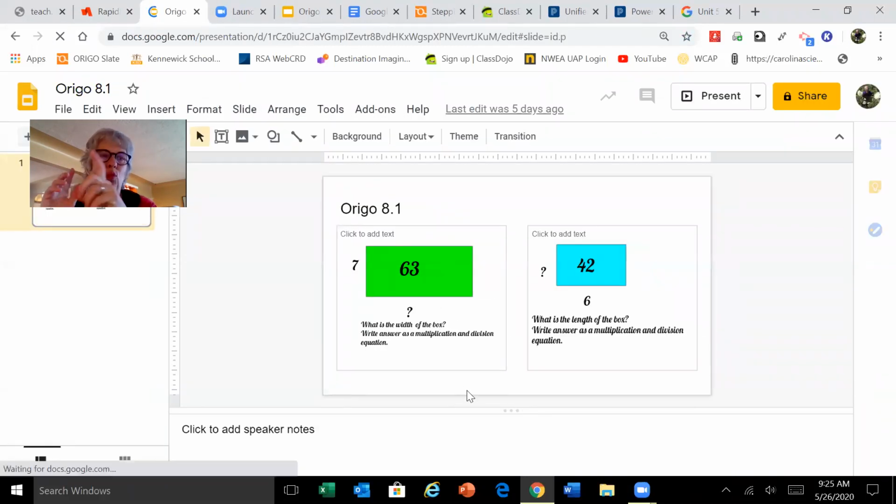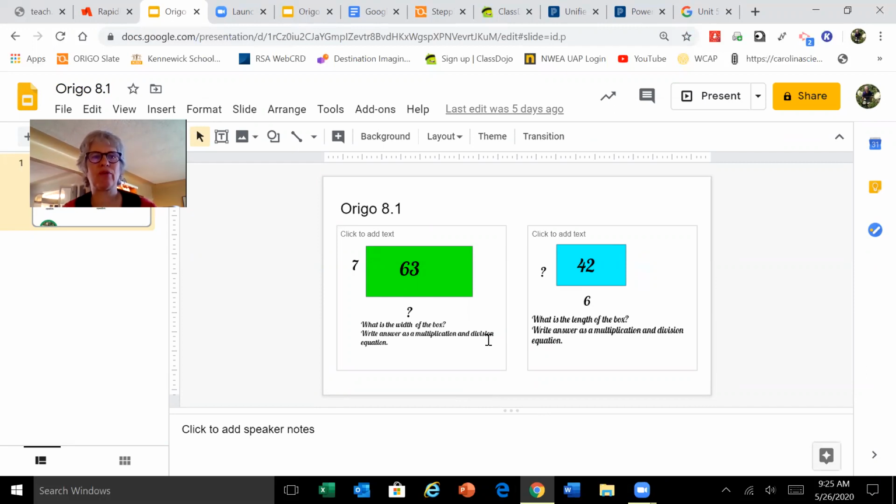Okay, so this is going to be our journal entry. I can't really draw on this slide, but I'll read through it. So this is Origo 8.1. This is going to be very similar to what we just did. We can see we've got an area. I've got 63. And on this side, I've got a 7. So I'm asking, what is the width of this box?